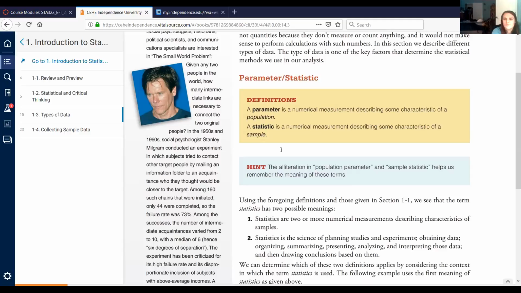Okay, so it's a kind of abstract meaning, but a parameter is something that is there for everyone in the population, and a statistic is some characteristic that is for your sample. So just keep that in mind, because you'll see some questions about that.